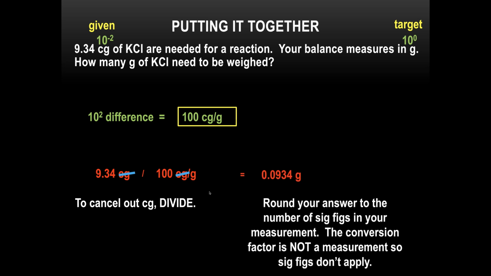Now, what about rounding? We start with 3 sig figs. This is a conversion factor, so sig figs don't apply. We have 3 sig figs in our final answer. If this was 9.340, then we'd have to pop a 0 after to make sure it had 4 sig figs as well. And that is how you do conversions, about half of the math you're going to do in here this year. I hope you enjoyed it.